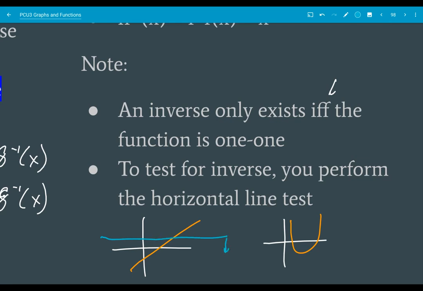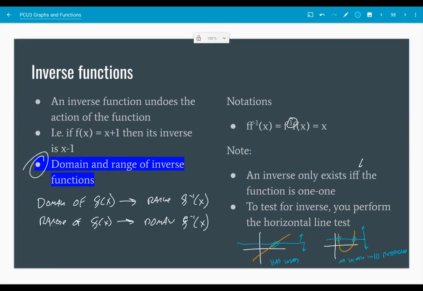So if we move this horizontal line up and down, we will only cross this function once. So this one has an inverse. Now if we do the same thing here and move this horizontal line up and down, we are going to cross at 2 points. So this one has no inverse without restrictions. And we'll look at what that means here in a second.